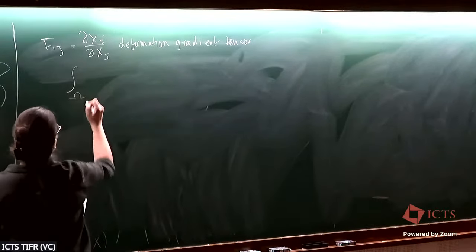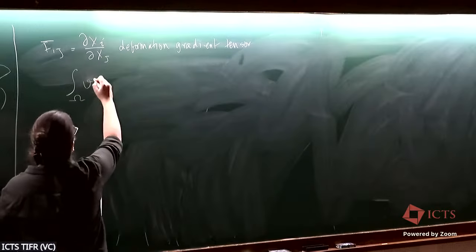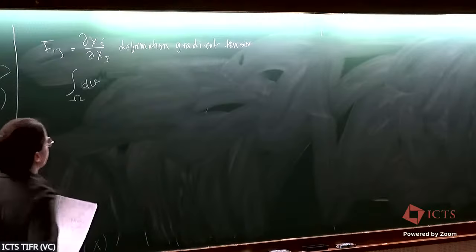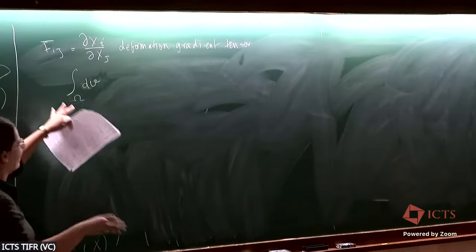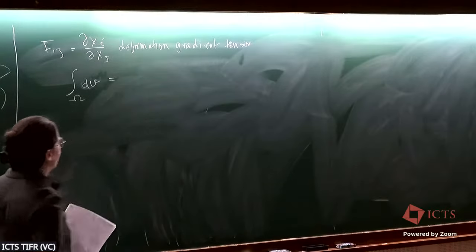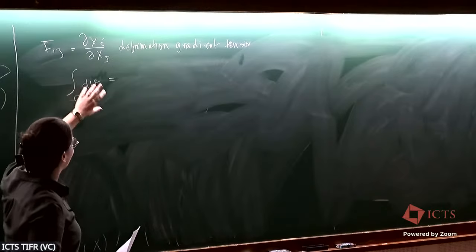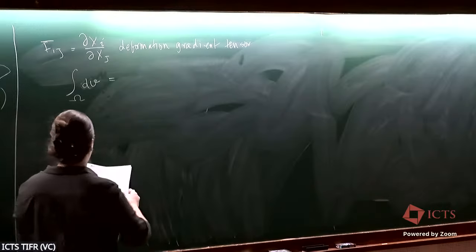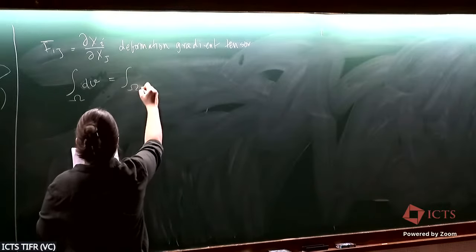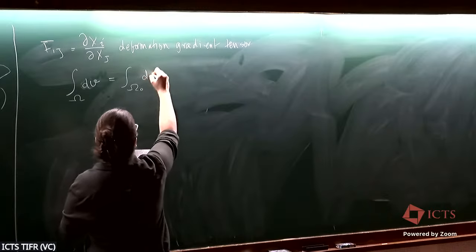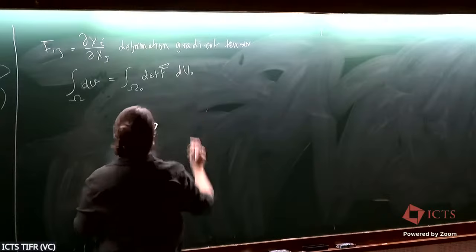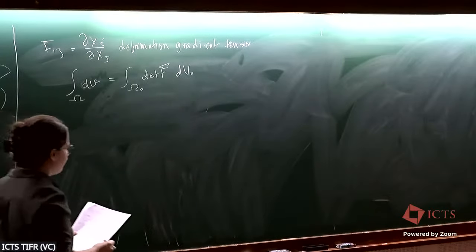One that I'll mention here is that if you are considering integrating over some volume in the actual configuration, and I'm not going to define everything very carefully just in the interest of time, but this is just a way of writing the integral over a small part of the actual configuration. This can be expressed as the determinant of this map over a little area in the reference configuration.